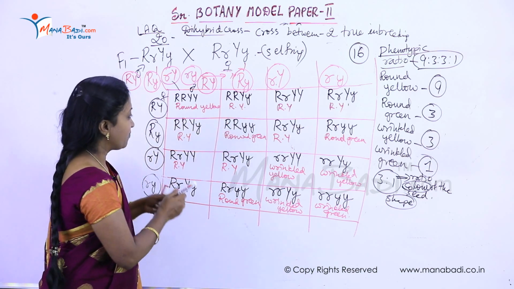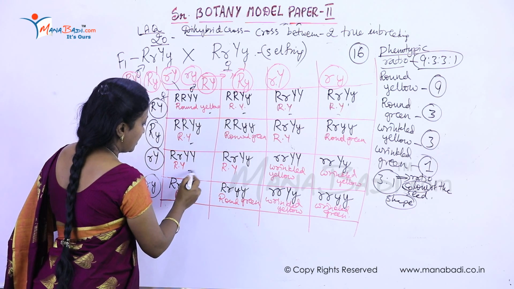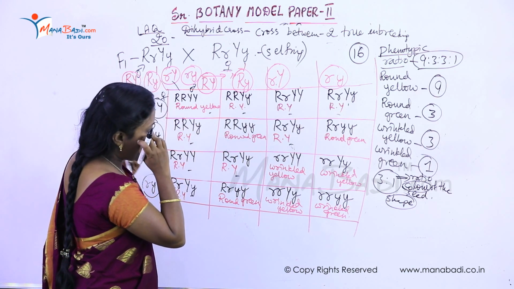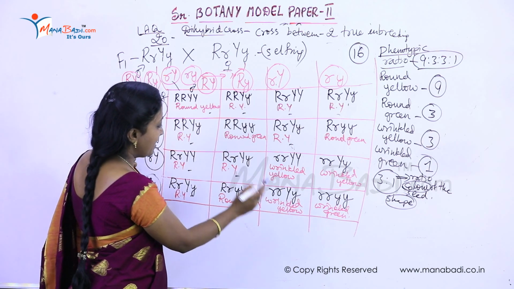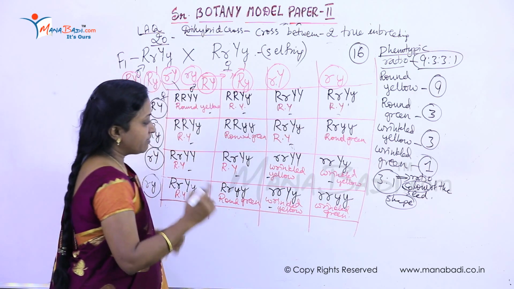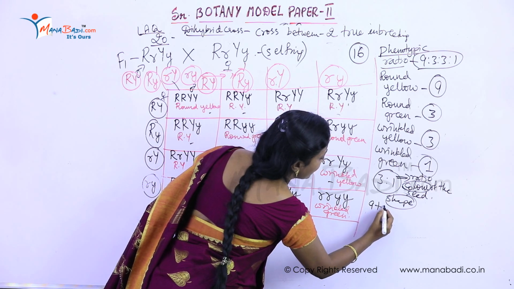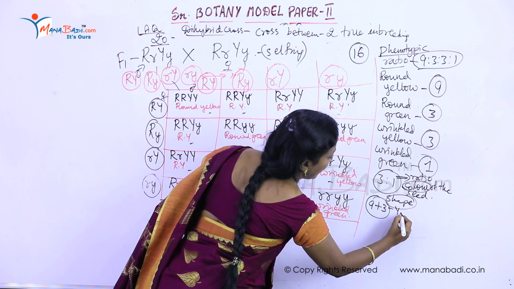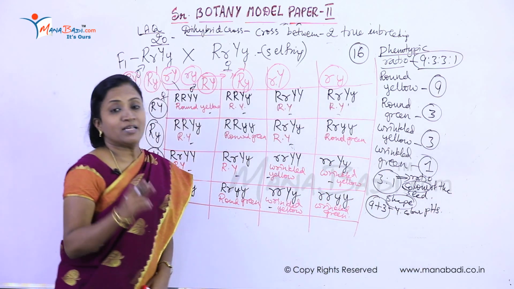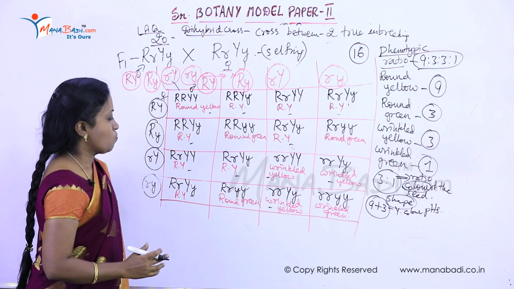1, 2, 3, 4, 5, 6, 7, 8, 9. Only 9 yellow, then 10, 11, 12. That means here a total of 9 plus 3 are yellow colored plants.